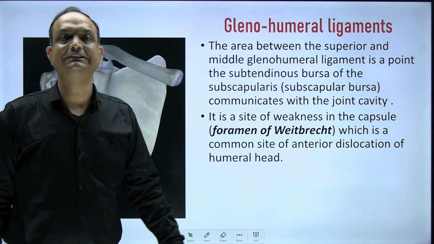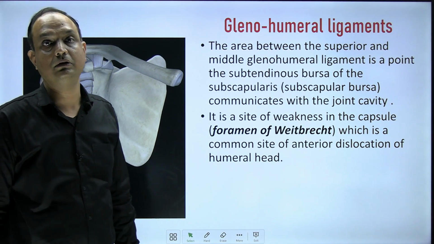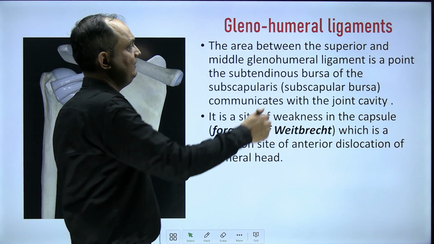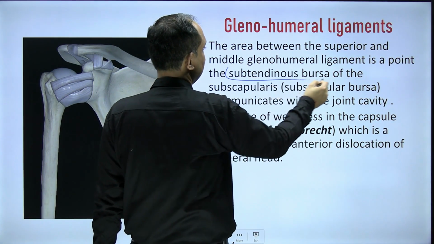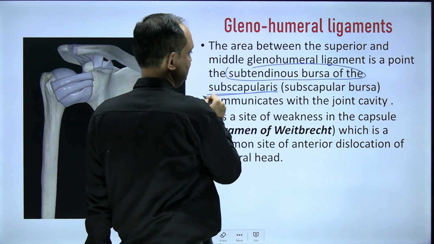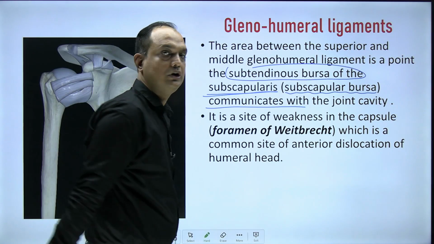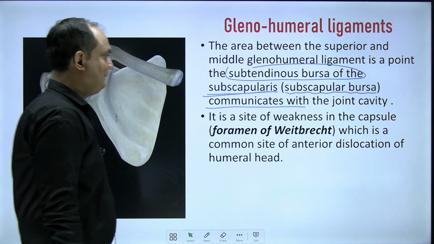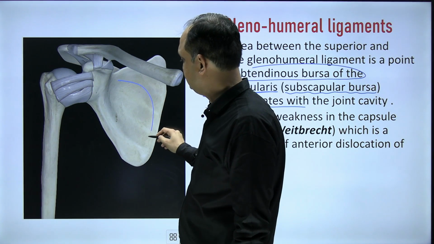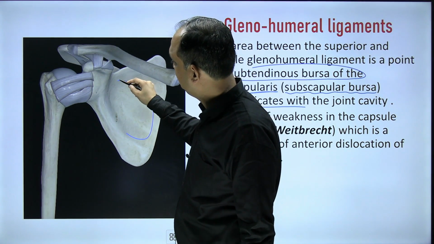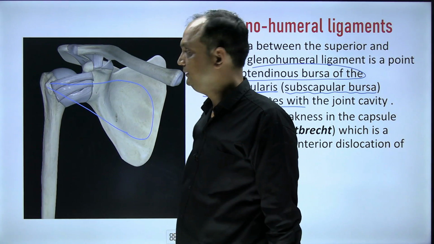Now, this is a question of your exam: the area between the superior and middle glenohumeral ligament has a point, and through this point the subtendinous bursa of subscapularis, or you can say the subscapular bursa, communicates with the joint cavity. Now what is happening here actually? The muscle originating from this part is subscapularis. This muscle is going to insert into the humerus like this, on the lesser tubercle.